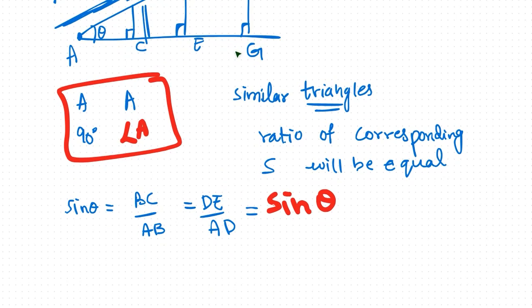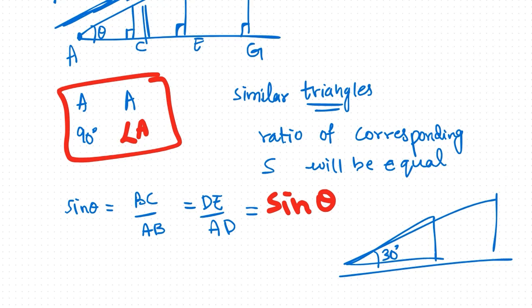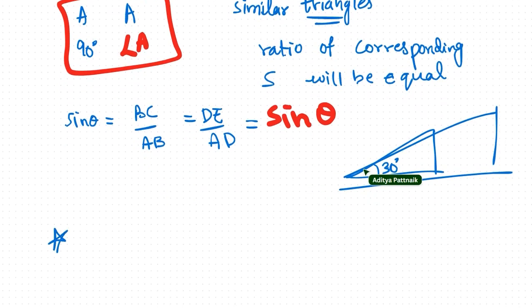And the ratio is not just for sine, but for cosine, tangent, secant, cosecant, it will be the same. So regardless of the size, even if you take 30 degrees like this, even if you take 30 degrees like this, if you take the ratio, sine theta will be constant.